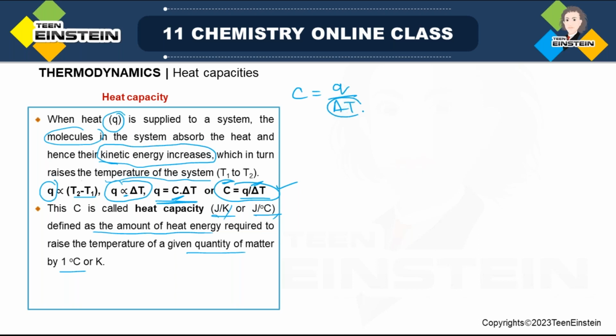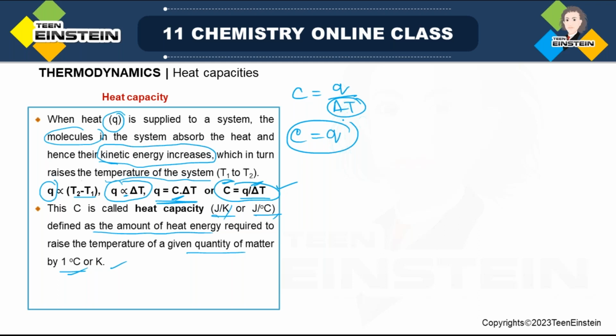But suppose this delta T is 1. So when delta T is 1 degree centigrade or Kelvin difference, now C is equal to Q. So under this condition, when there is an increase in temperature of 1 degree centigrade, it may be a decrease also, depending on heat absorbed or liberated.